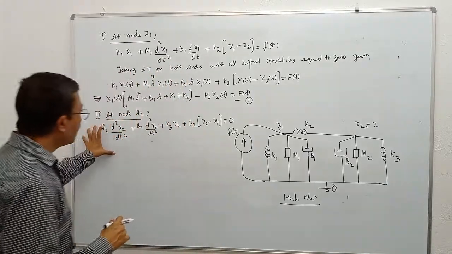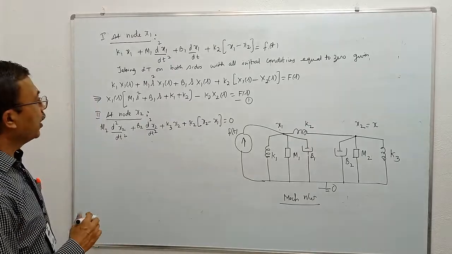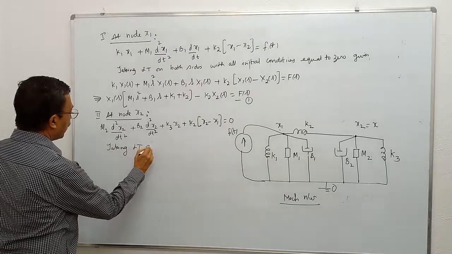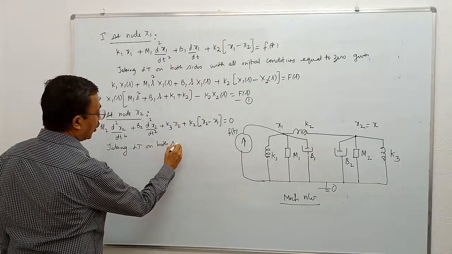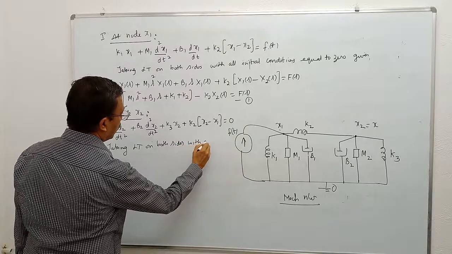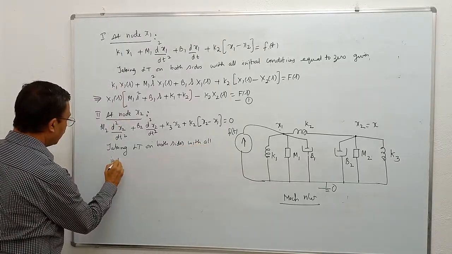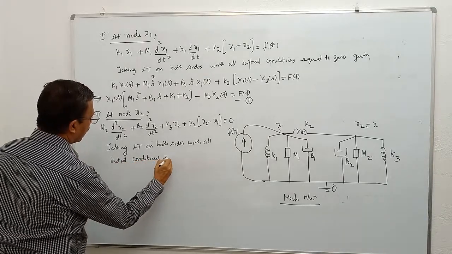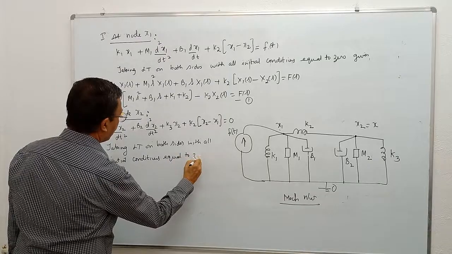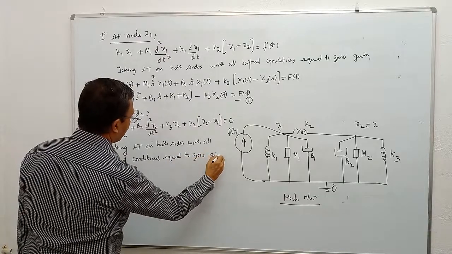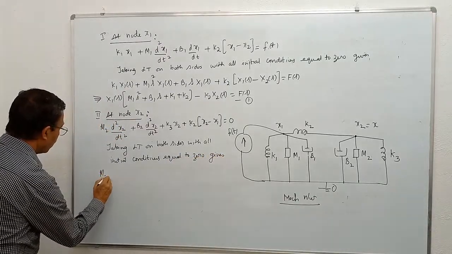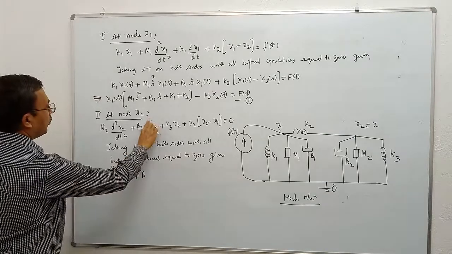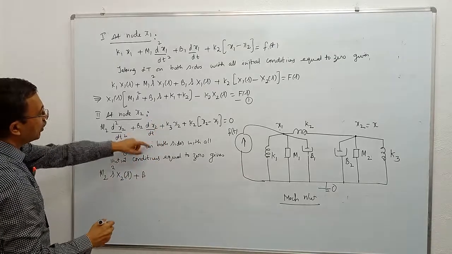Now we shall convert this differential equation into an algebraic equation, taking Laplace transform on both sides with all initial conditions equal to 0 gives M2 into s square into X2 of s plus B2 into dX2 by dt.